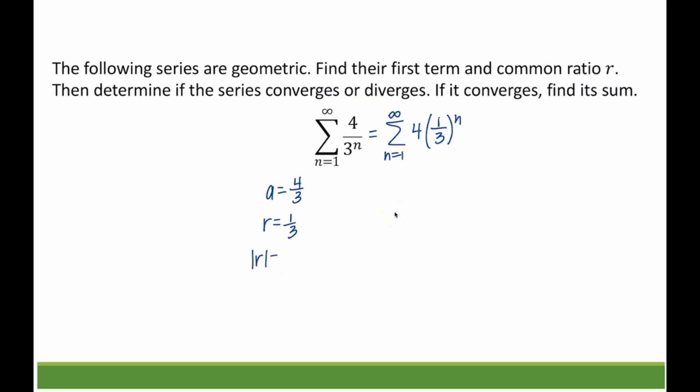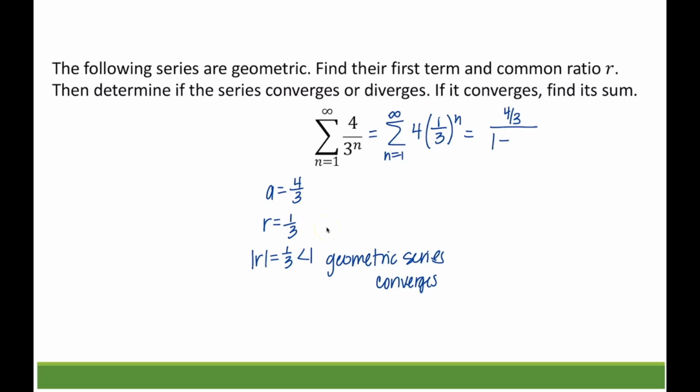The absolute value of r is obviously still 1/3, which is less than 1. So this geometric series converges. And more than that, we can find what it converges to because it's geometric. So this infinite series is going to equal that first term, 4/3, over 1 minus that common ratio r.